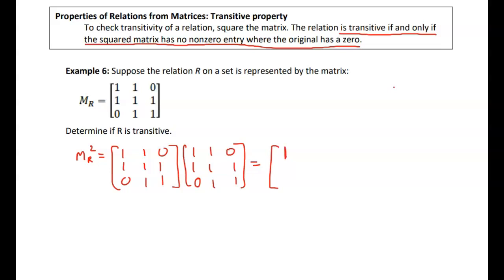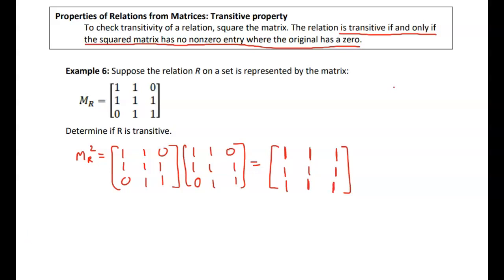Next row, we get 1 plus 1 plus 0, which is 1. 0 plus 1 plus 0 is 1. 1 plus 1 plus 0 is 1. 1 plus 1 plus 1 is 1. 0 plus 1 plus 1 is 1. And next one, we have 0 plus 1 plus 0 is 1. 0 plus 1 plus 1 is 1. And 0 plus 1 plus 1 is 1.